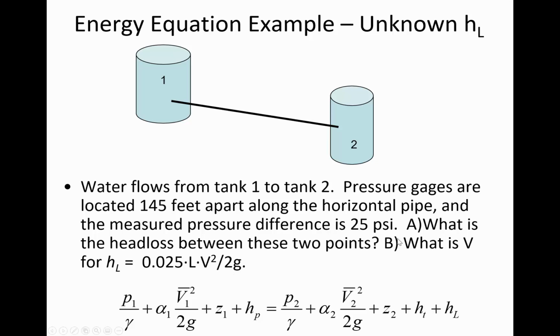So where it asks here, what's the head loss between these 2 points, what we're trying to find out is the pressure difference giving you an idea of the head loss.